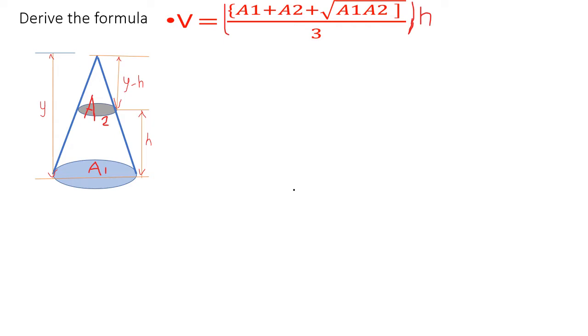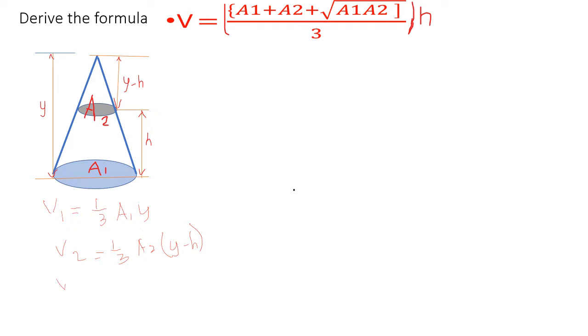So from the figure, V1 equals 1/3 A1 Y. Your V2 from the figure is equivalent to 1/3 A2 times Y minus H, the smaller part at the top.